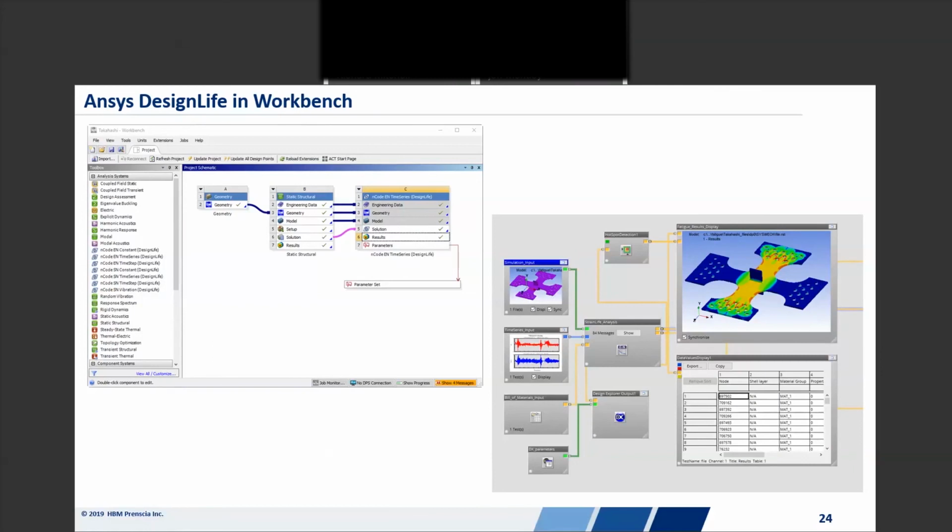We take that information, import that into a system from mechanical that is an nCode DesignLife system that can go off and do stress life or can do strain life, so low cycle or low cycle and high cycle fatigue. And internal to that system, we bring in measured histories, fatigue properties in terms of those fatigue curves, and are able to go off and very efficiently calculate life across the entire component.